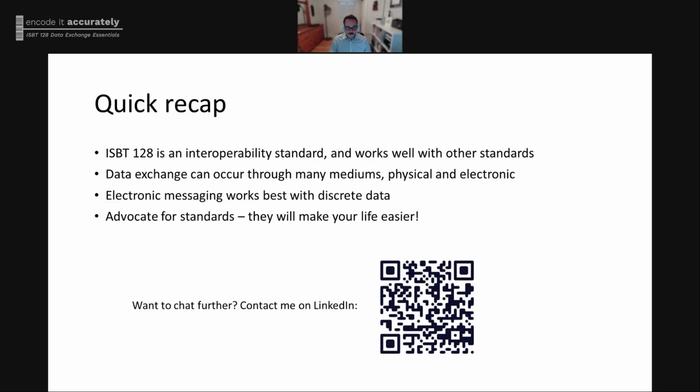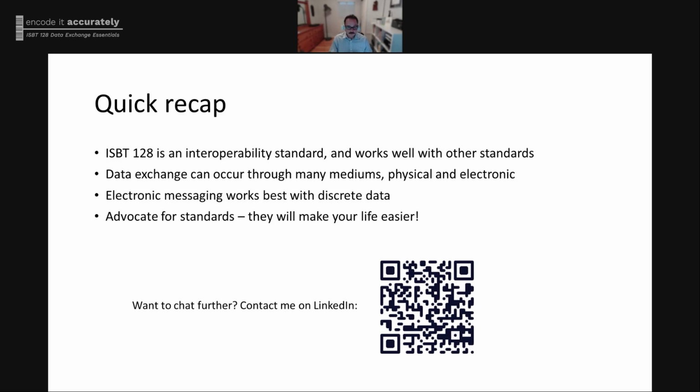So a quick recap. ISBT 128 supports interoperability of all kinds and integrates well with other standards. Data exchange occurs through many different mediums, including physical labels, electronic barcodes, and electronic messaging. Electronic messaging works best with discrete data.